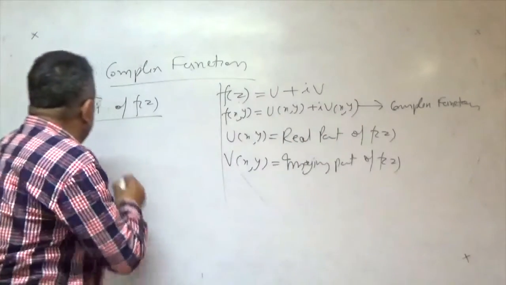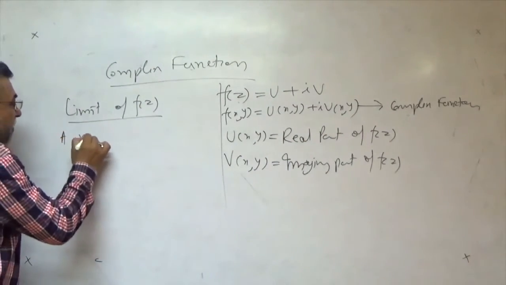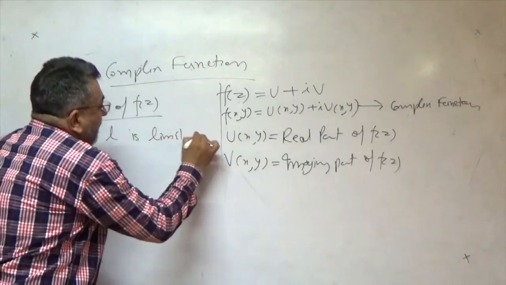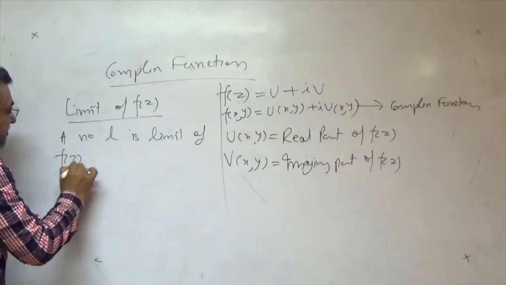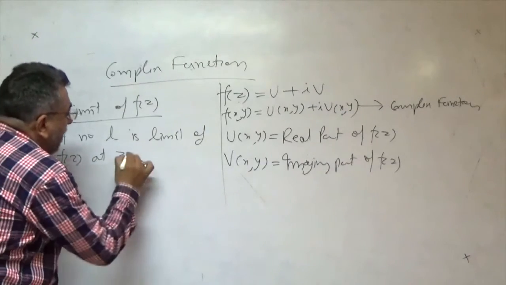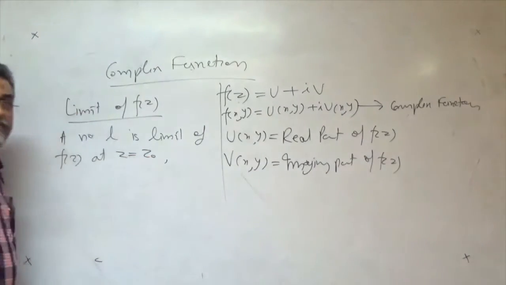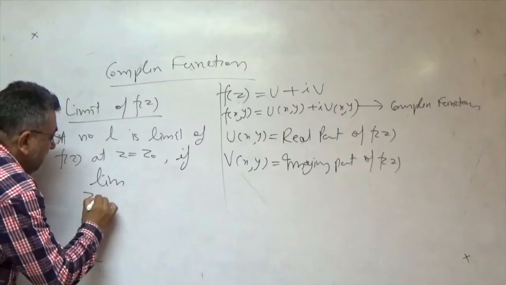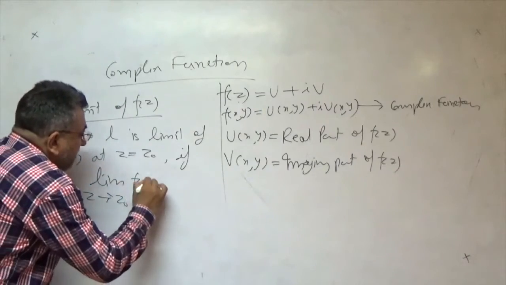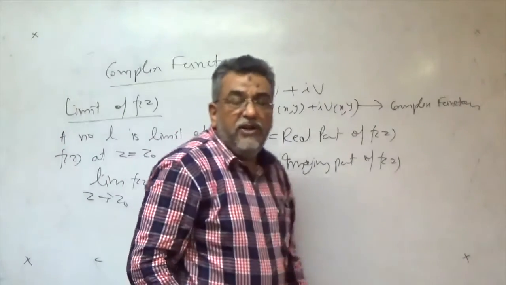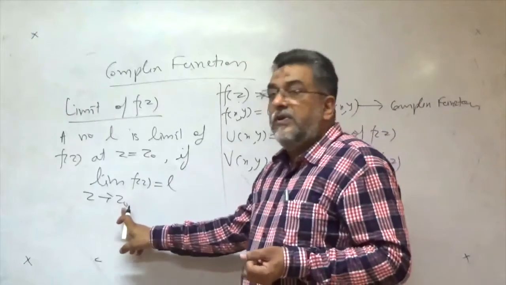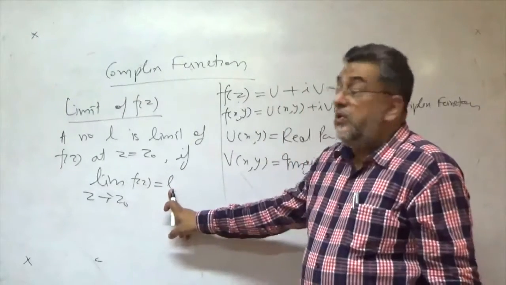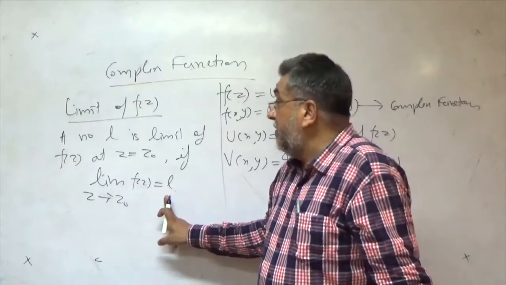Limit, you know that number L is the limit of complex function f of z at a point z equal to z naught. If limit z tending to z naught of f of z equals L, means if z is approaching z naught, which is also a complex number, then there exists a value which is called the limit of this function.